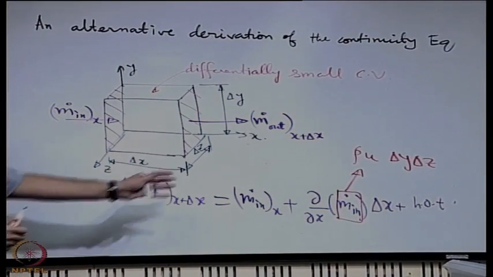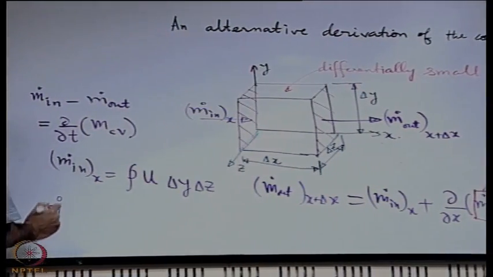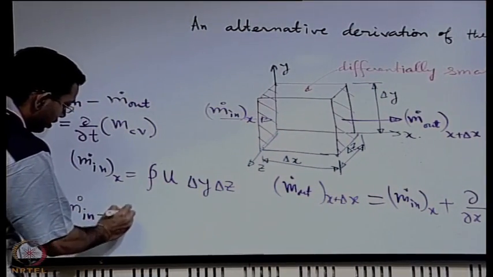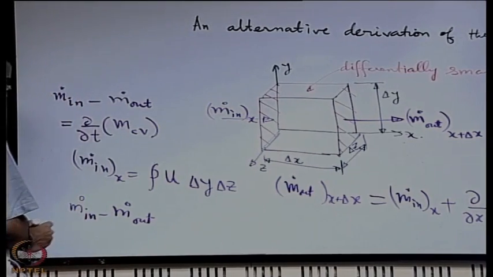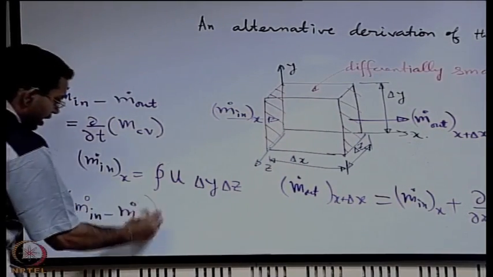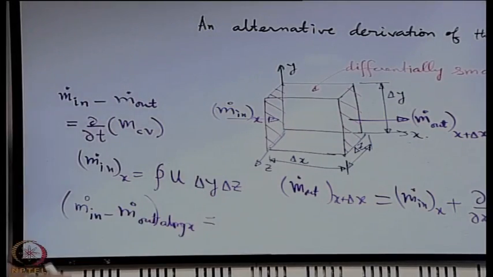So clearly if we write what is m dot in minus m dot out along x, what is that?